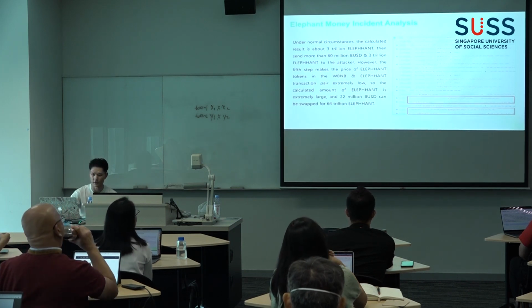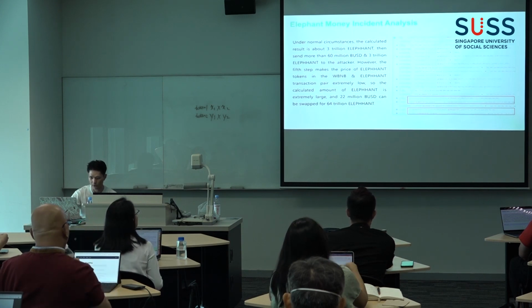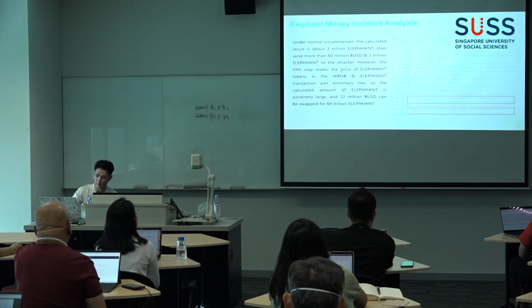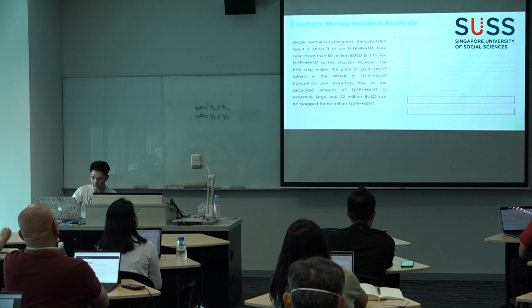So the calculated amount of elephant is extremely large. And this is a classic example of attackers using flash loan to manipulate the redeem system and get more rewards than he should get.